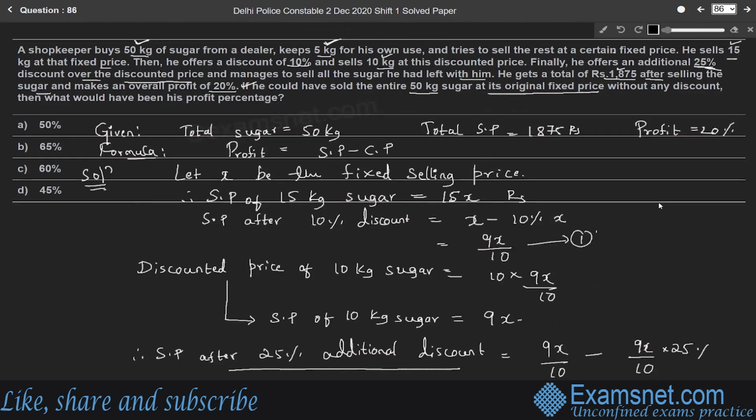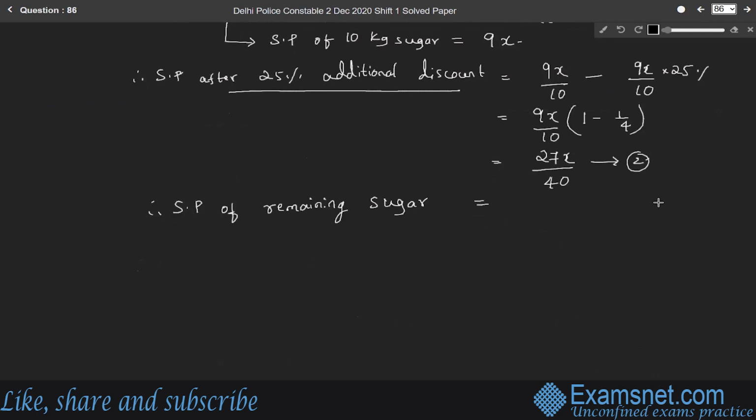Therefore the remaining sugar is equal to 50 minus 5 kg for his own use, 15 kg, again 10 kg on discounted price, into the selling price after 25% additional discount, that is 27x by 40.